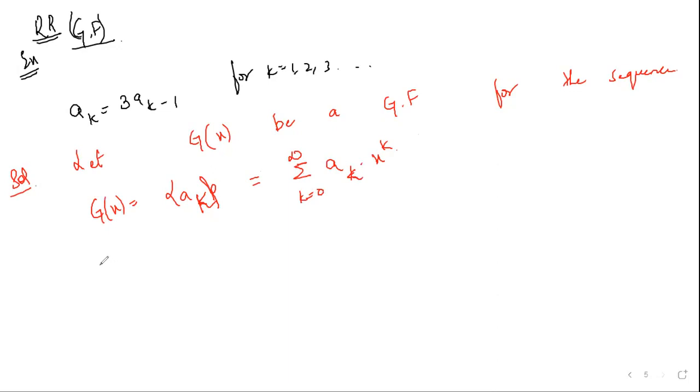Now first we have to note what x into g of x will be. X into g of x will be the sum over k is equal to 0 to infinity. If I am multiplying with x, it will be x power k plus 1, so ak into x power k plus 1.